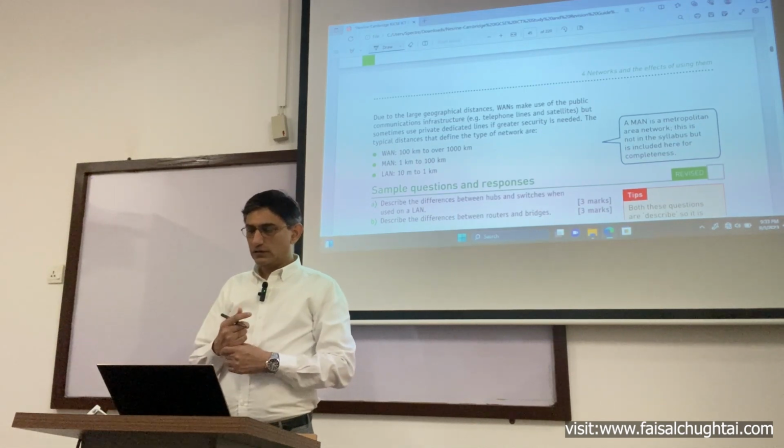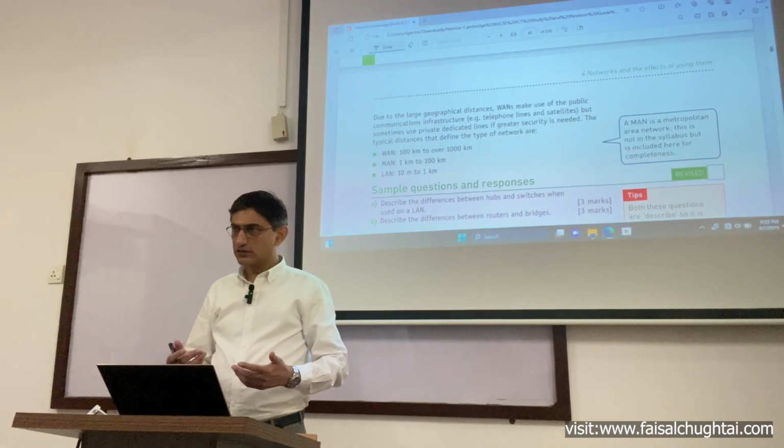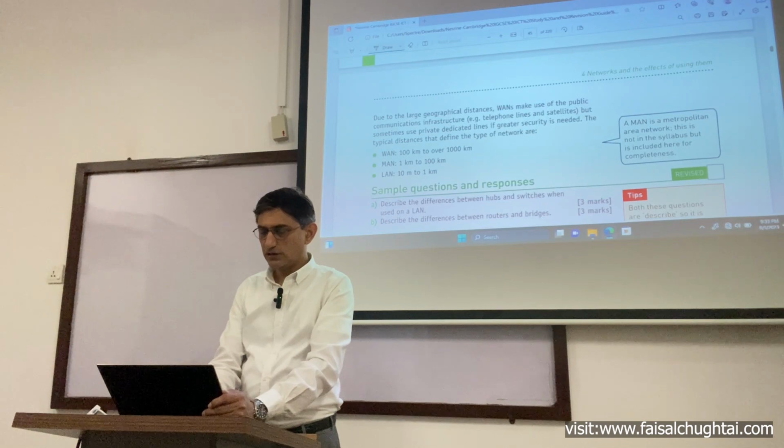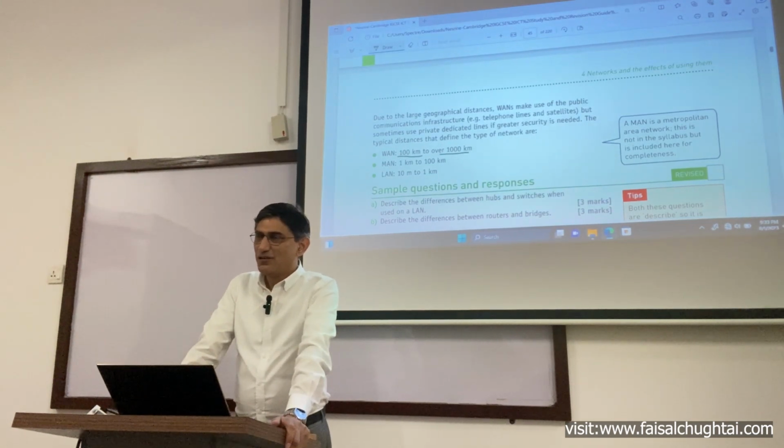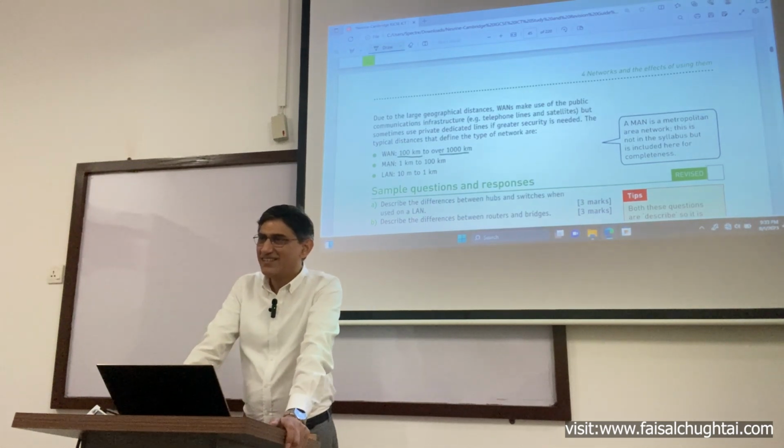Okay, let's have a look at the range figures that have been given here when it comes to wide area networks. 100 kilometers to over 1000 kilometers. Imagine. How much would be 1000 kilometers from here? I think it is close to the China border.